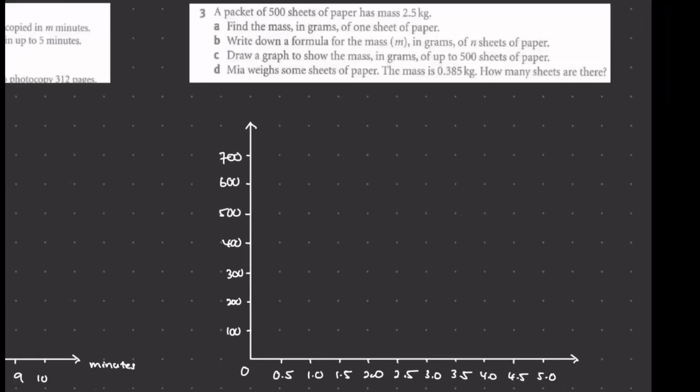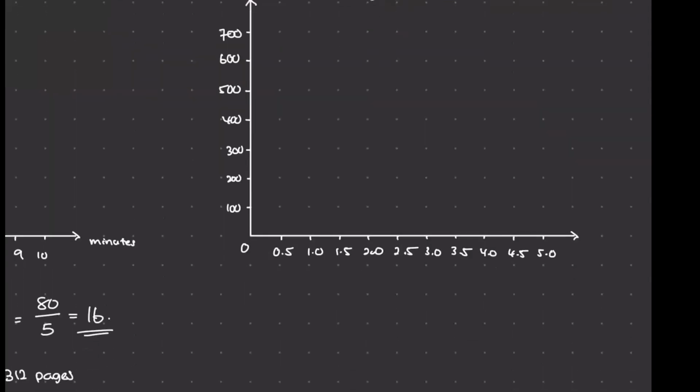Next one. A packet of 500 sheets of paper has a mass of 2.5 kilograms. Question A, they ask us to find the mass in grams of one sheet of paper. So 2,500 grams is equal to 500 sheets. One sheet is equal to, just take 2,500 divided by 500, we get 5 grams. Write down the formula for the mass in grams of n sheets of paper.